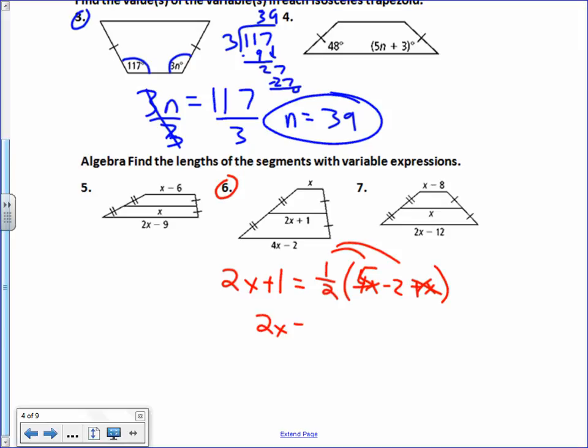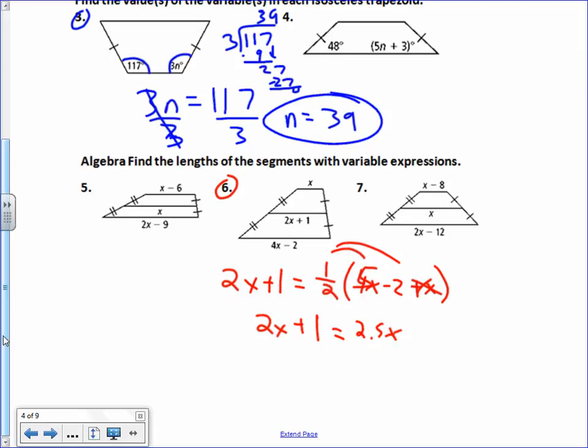That would be 1/2 of 5x. Oh, 2.5x? What is that? Oops. I'm going to do it differently.